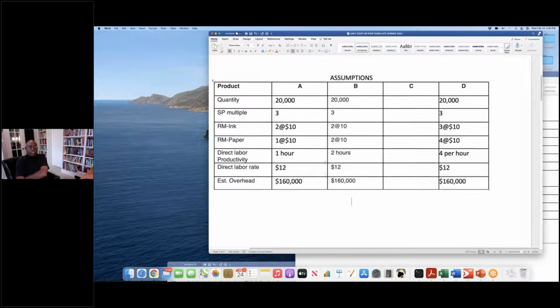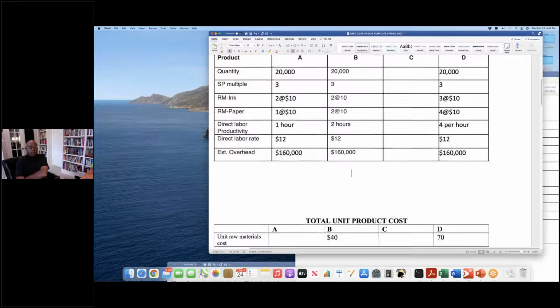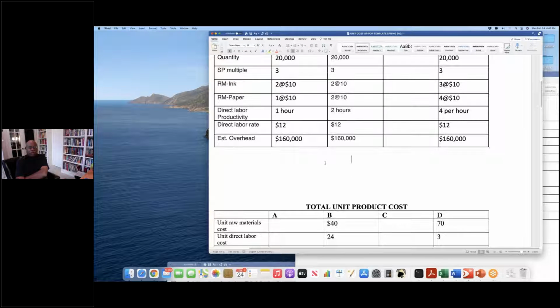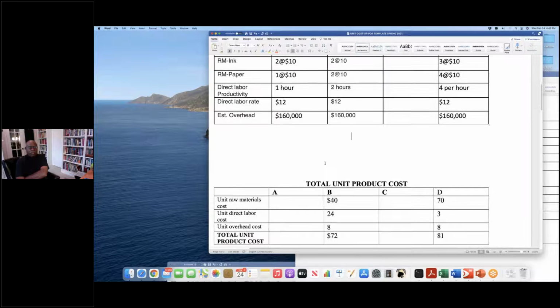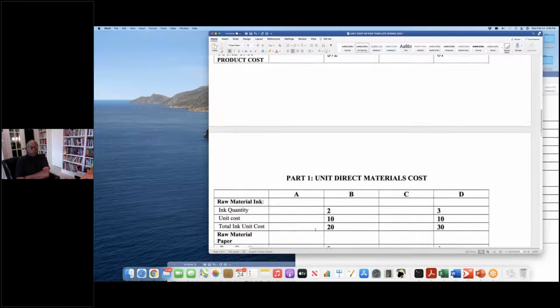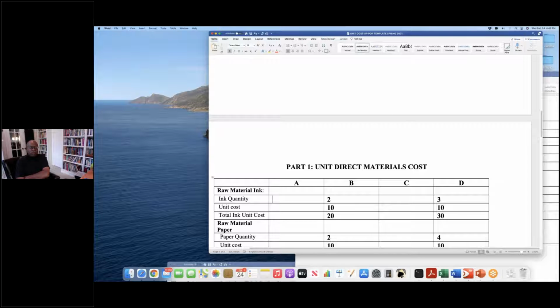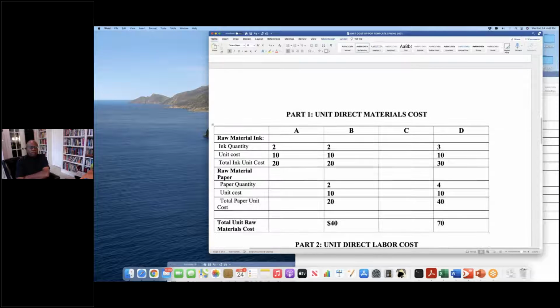Okay, so let's see if we can put in our starting point. We're going to put in the raw material. So the ink is going to be what? 2 at 10, the total 20. Paper. 1 at 10, the total 10.